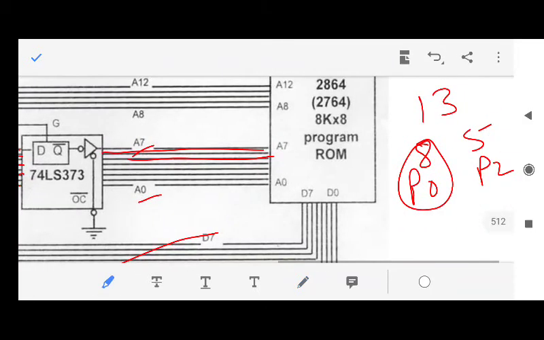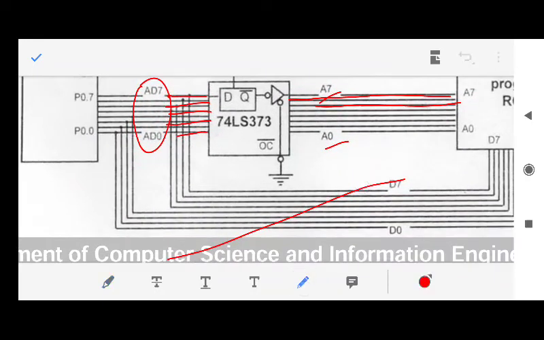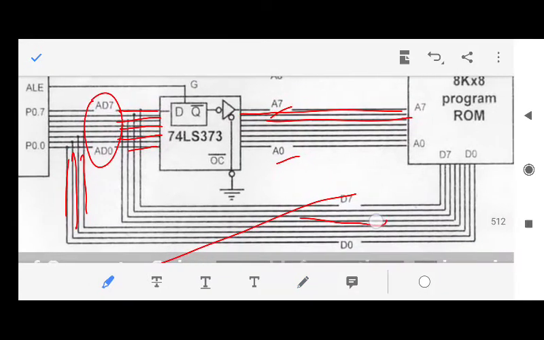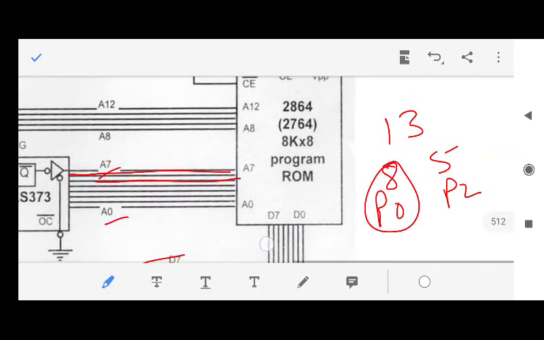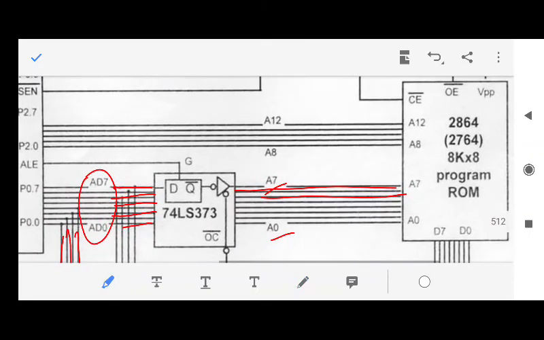Now they are also connected to the data lines because data comes from port P0. The remaining 5 from port 2 are directly connected from the microcontroller to the memory.